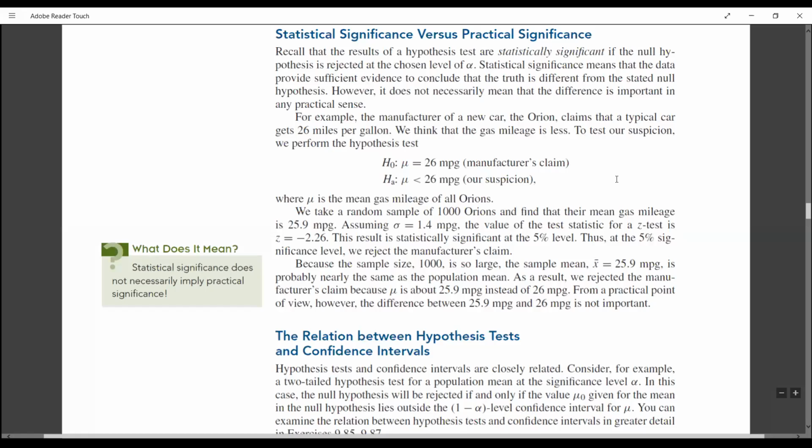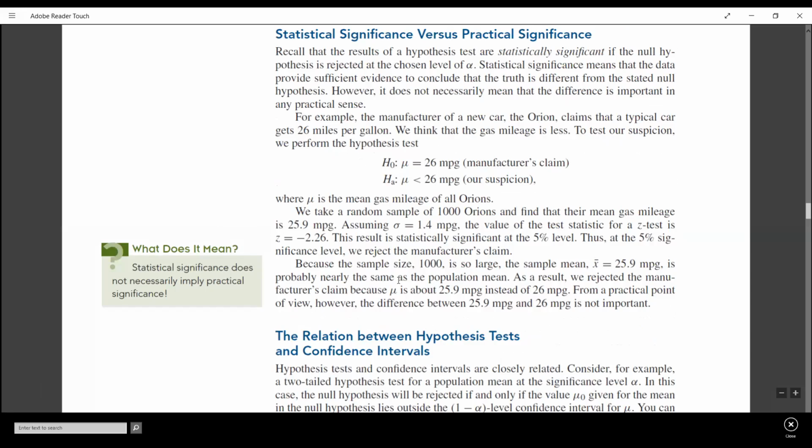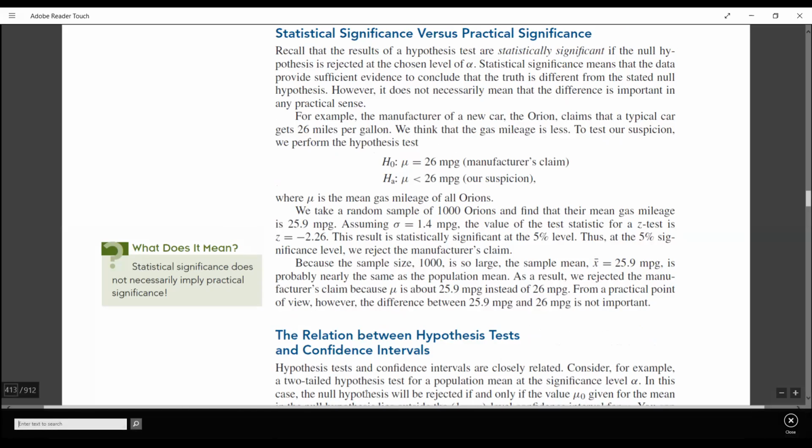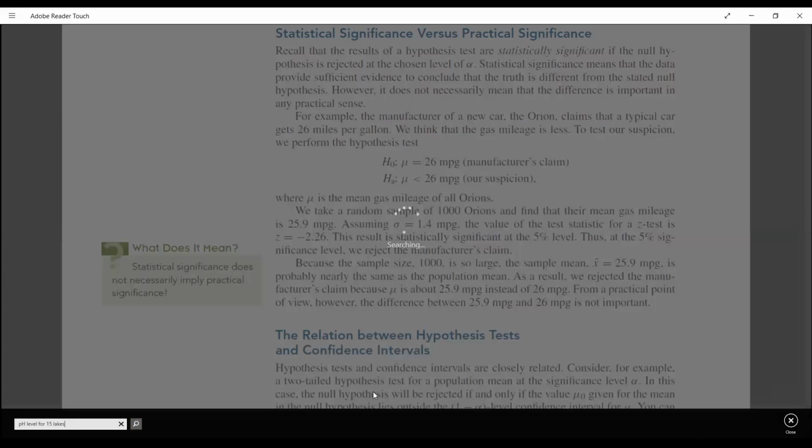This is the book, and I have to search for the pH level for 15 lakes. This is to be searched in the book.